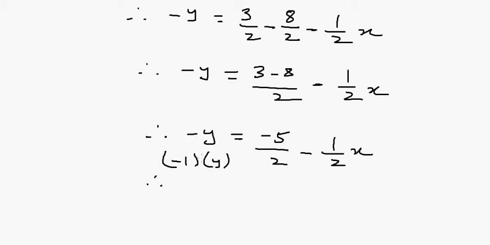So I can take this minus 1 to this side. It's multiplication over here, so it's going to be dividing over here. So y is equal to this divided by minus 1. So minus 5 divided by minus 1 into 2, that is minus 2.